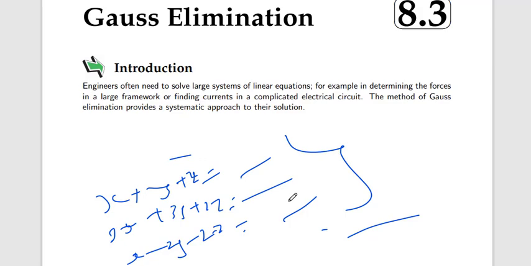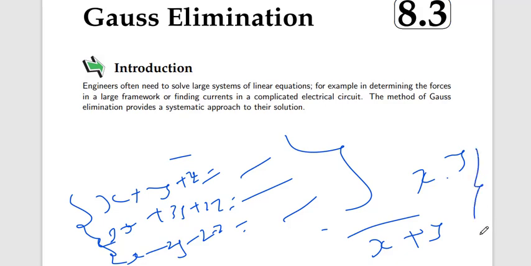If we try to solve these with the previous method, multiplication and then addition or subtraction, we will get an x and y equation. Also if we multiply and subtract the first and second equations, we again get an x and y equation. Then we solve these two as in the previous method.